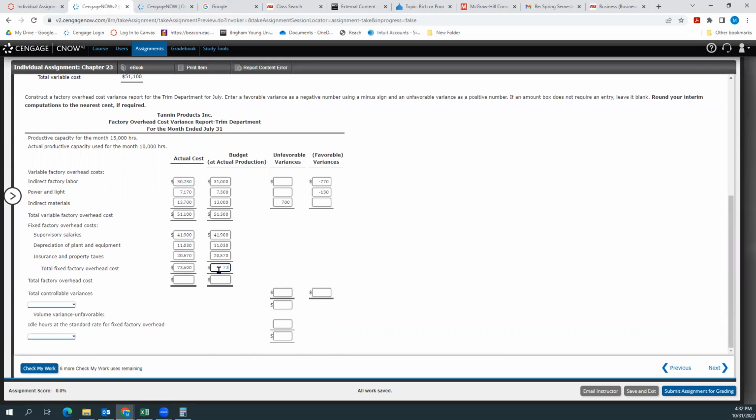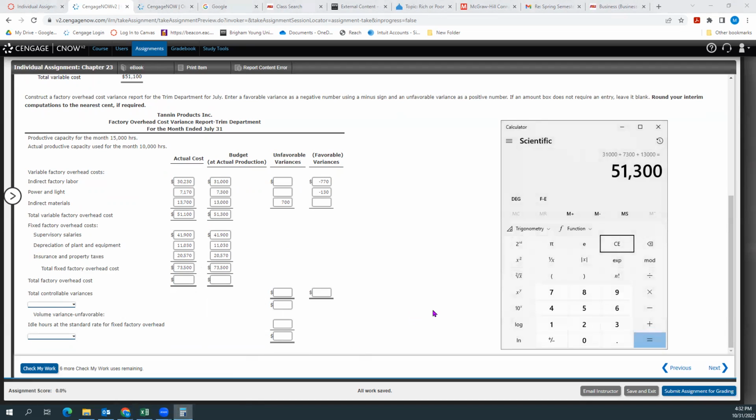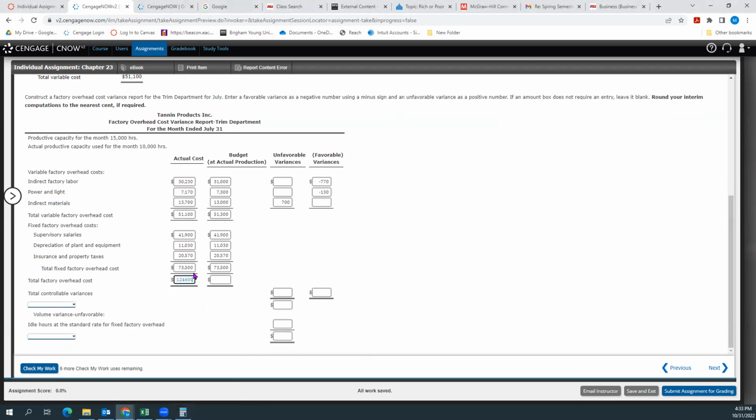We could also just add those up if we wanted to. And then our total factory overhead cost is just going to be our variable factory overhead cost plus our fixed factory overhead cost. So 51,100 plus 73,500. So our actual cost is 124,600.